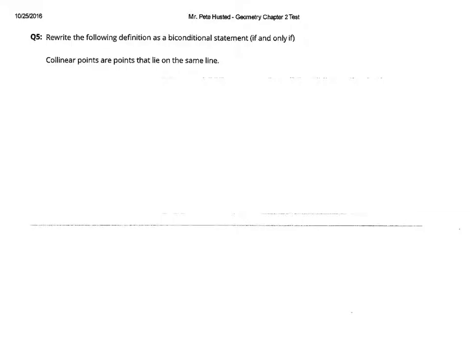So, for example, I would say, my example could be such as the Cleveland Browns will go to the Super Bowl if and only if all the other teams in the NFL quit for the season. So take collinear points are points that lie on the same line, and just add these words if and only if in the right spot, and rewrite that down below.